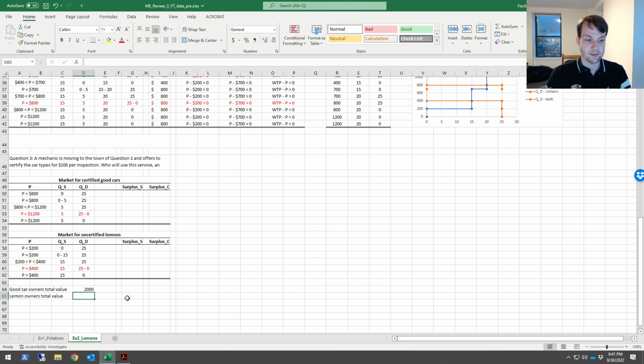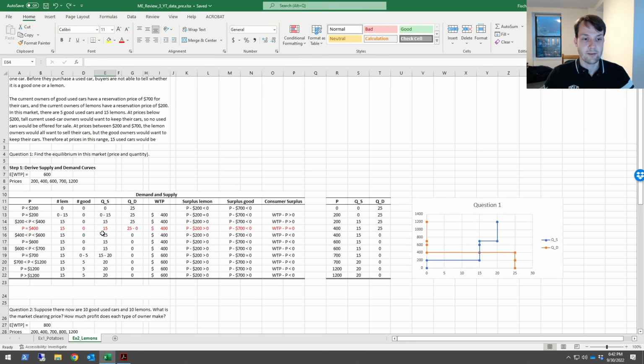So they get 2,000. For the lemon owners, we know that there's 15 of them. They are going to get 400 for their cars, and they have a reservation value of 200. They don't pay the mechanic, so in total they make 300. Or if you want it on a per owner basis, it's 400 for those of good cars and 200 for those of bad cars. Now we're going to look at what happened in the first setting.